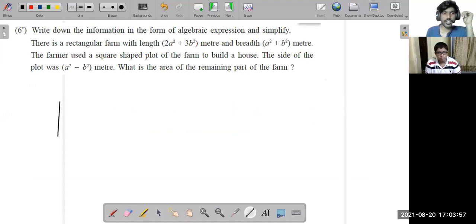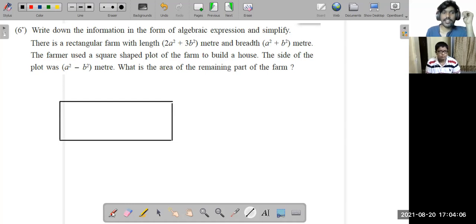So if you try to draw the diagram, the length of this rectangular form is 2a squared plus 3b squared, and the breadth of this form is a squared plus b squared.